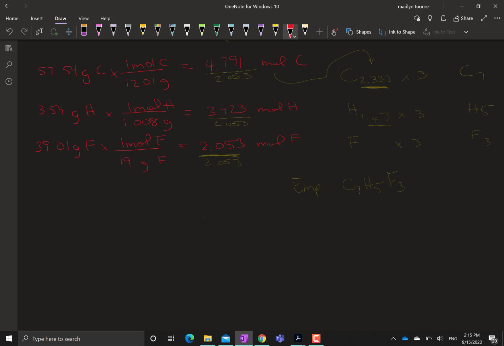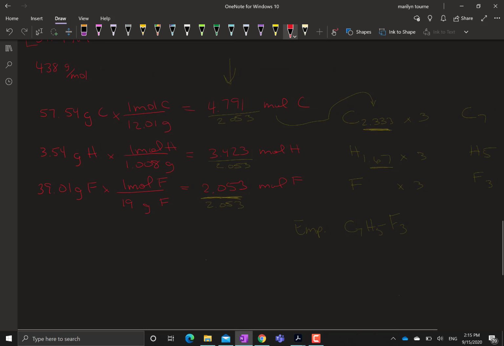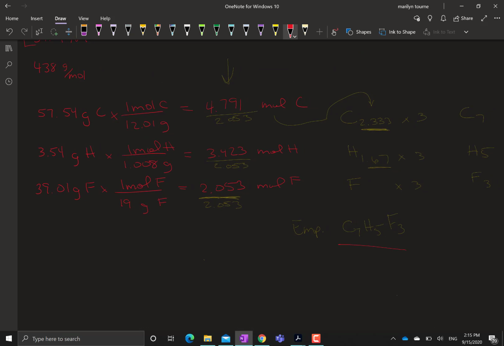The second part of this problem asked, given that the molecular formula weighs 438 grams per mole, what is the molecular formula? The first step to do this is figuring out how much this empirical formula weighs. When you do that, you should get more or less around 146 grams per mole. From here, you have to figure out, well, how many times does this amount fit into this amount?